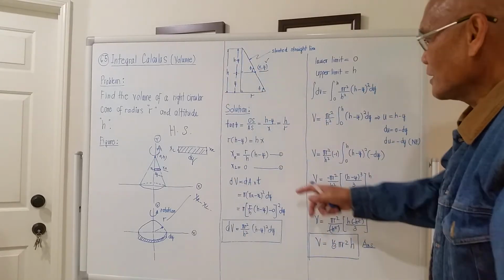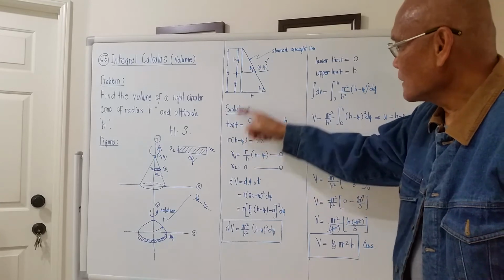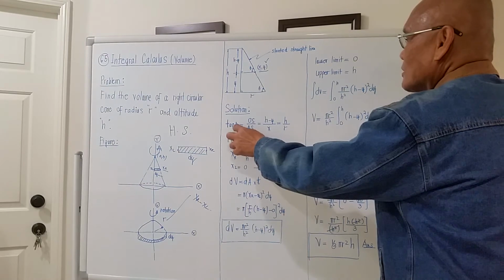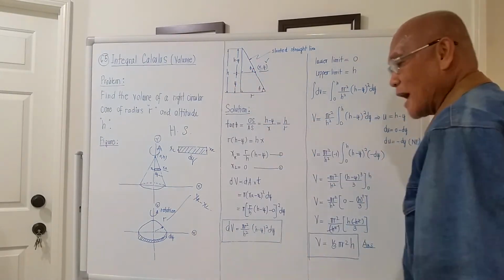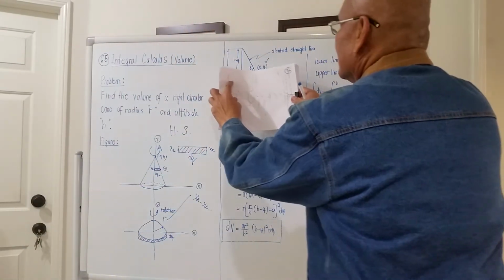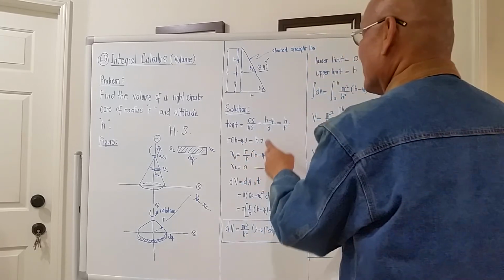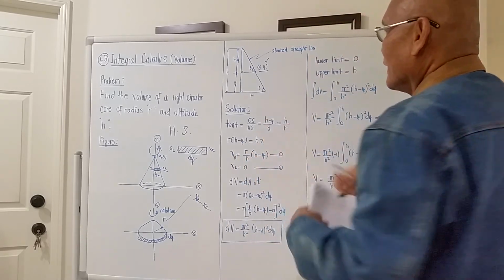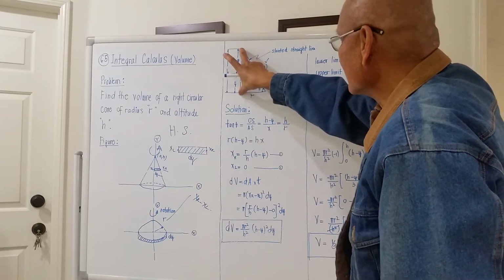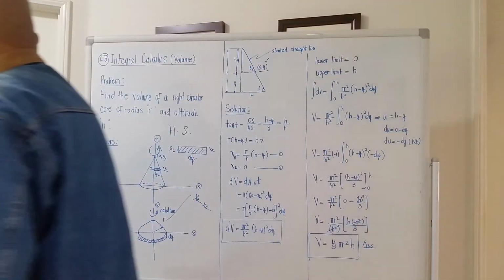Taking the tangent of this angle using the definition, tangent of theta is the opposite side over the adjacent side. Taking the tangent of theta using the smaller upper right triangle, it should be h minus y over x. And by using the bigger triangle, it's h over r.